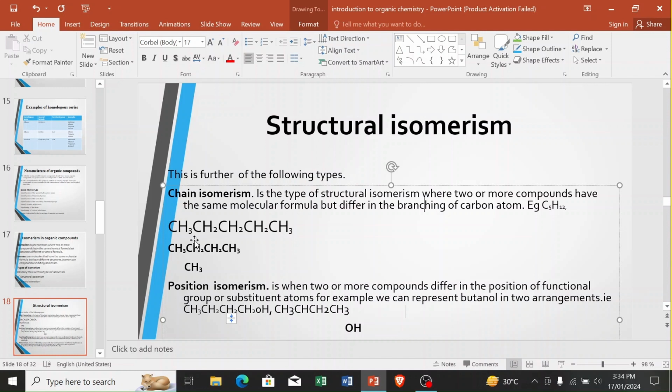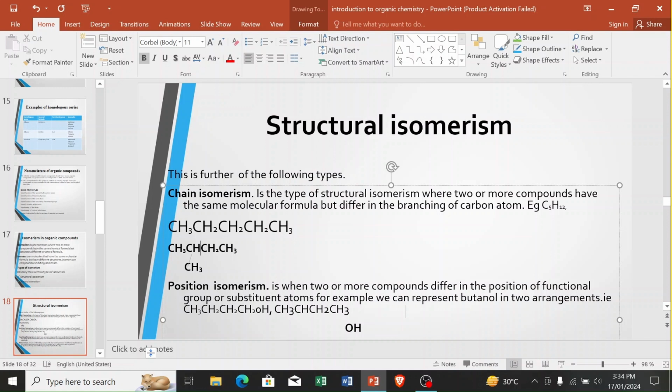And then we have this specific structure. This structure has a branch. Let me just pull it a bit. So this is our branch, and since it has a branch, the number of carbon atoms in the chain reduces. So we have CH3, CH, CH2, CH3.